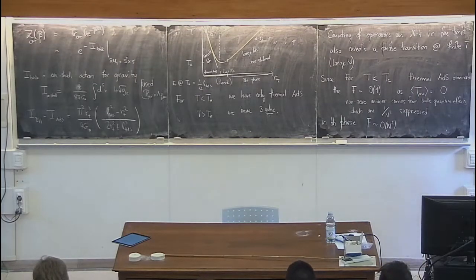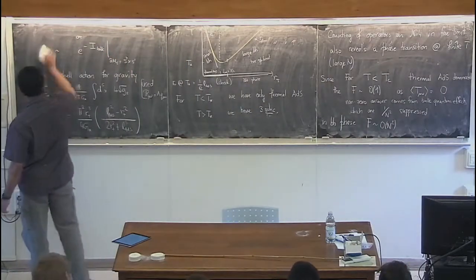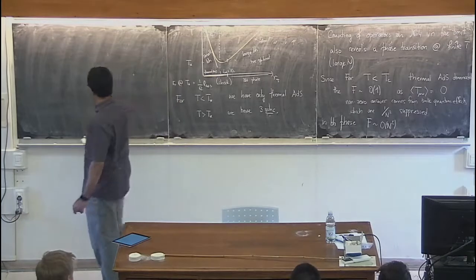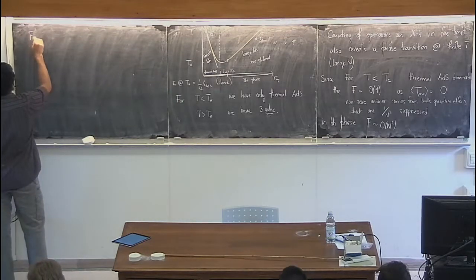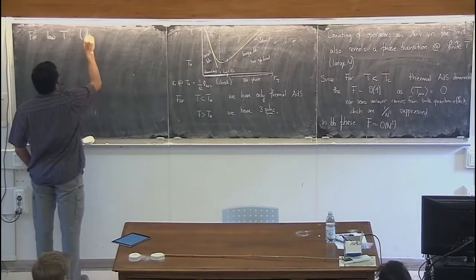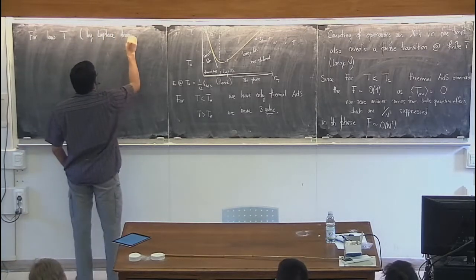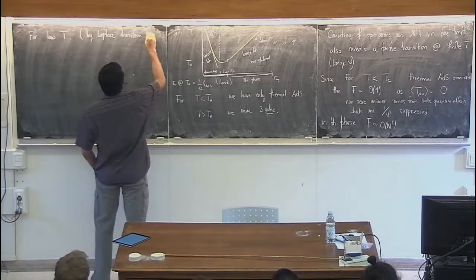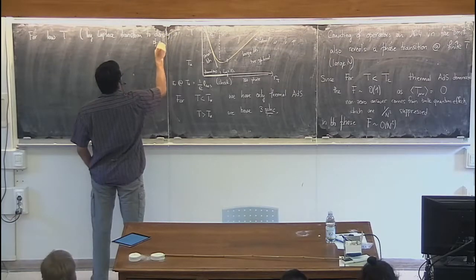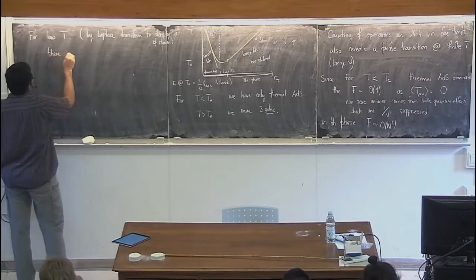So what you see is that for low temperatures, or equivalently, if you translate by Laplace transform to a density of states, there are very few states in the system.